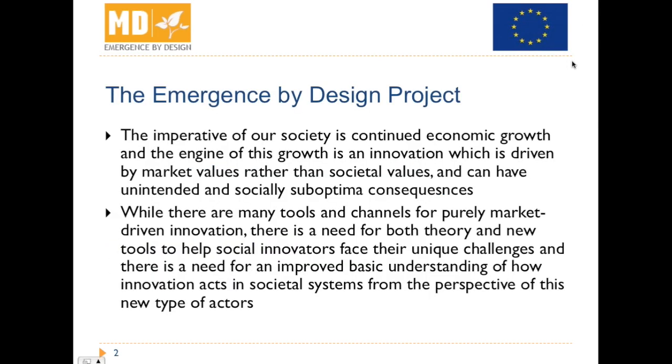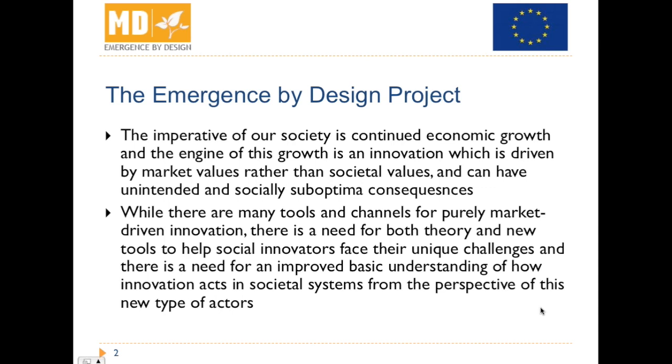So basically, the Emergence by Design project is based on two imperatives. On one side, our society is pushing towards continued growth, and the engine of growth is innovation, an innovation which is driven by market values rather than societal values, so it can have unintended and socially suboptimal consequences.